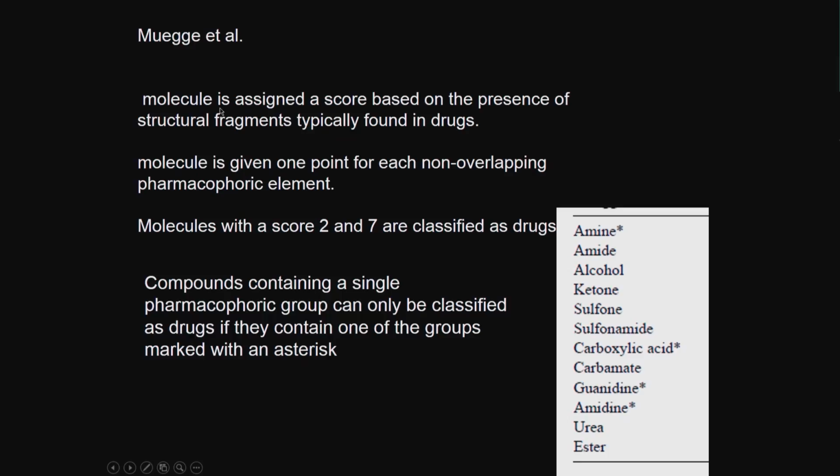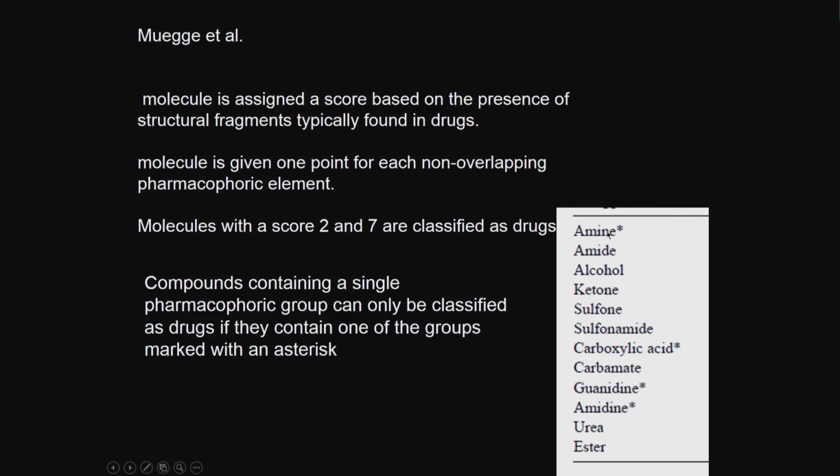They looked at the various functional groups present in all the commercial drugs approved by FDA, oral drugs, and then they said we will give 1 point for presence of each of these non-overlapping groups, and if the score is between 2 to 7, you can classify it as a drug, and even if it contains 1 single feature, then we can also classify it as a drug. That is called Muegge rule.